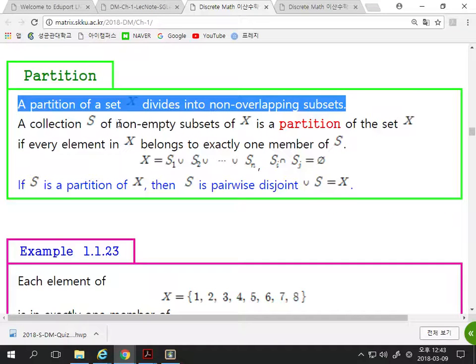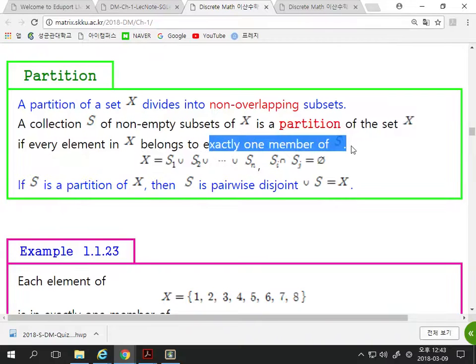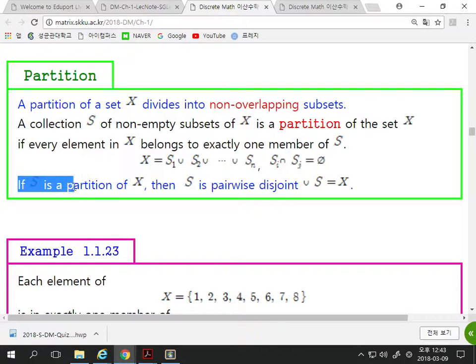A collection S of non-empty subsets of X is a partition of the set X if every element in X belongs to exactly one member of S. And what this means can be written mathematically like this. X is a union of all those sets, but each of the S_i's are pairwise disjoint. Okay? In this case, if S is a partition over X, then S is pairwise disjoint.